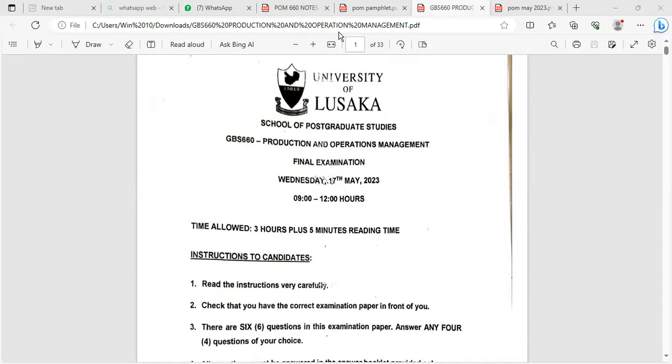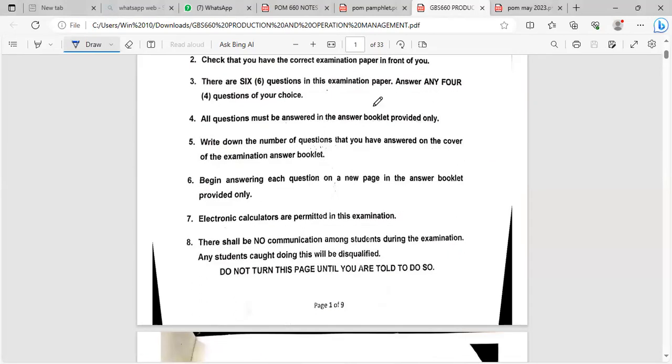Of course, we are going to look at a topic. The topic that we are going to look at here is called shop floor planning and job sequencing.